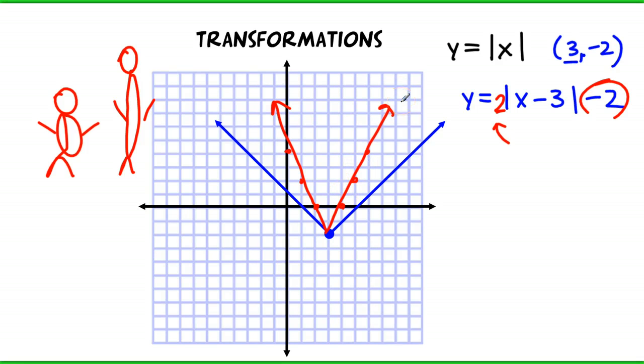If the absolute value is less than 1, so let's say it is now going to be y equals 1/2 times the absolute value of x minus 3, minus 2. This time, this is a compression. And if I graph here, so I go up 1 to the right 2, now all of my values have shrunk.